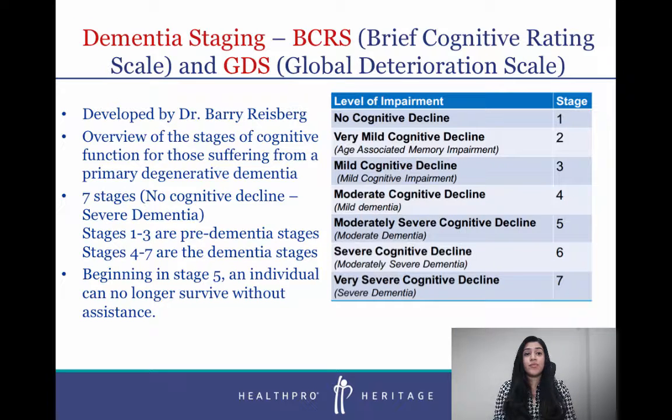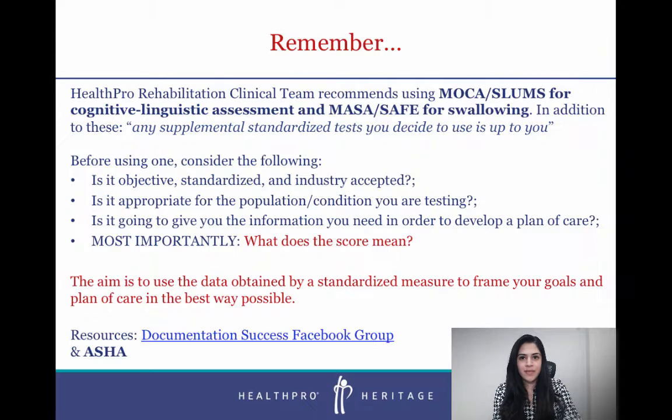So you can use the Brief Cognitive Rating Scale along with the GDS, the Global Deterioration Scale, to just provide a number from 1 to 7, stage the dementia, and again, indicate what that score means. So if you say patient presents with a GDS score of 5, indicate that that means that the patient has moderately severe cognitive decline, which indicates a moderate level of dementia.